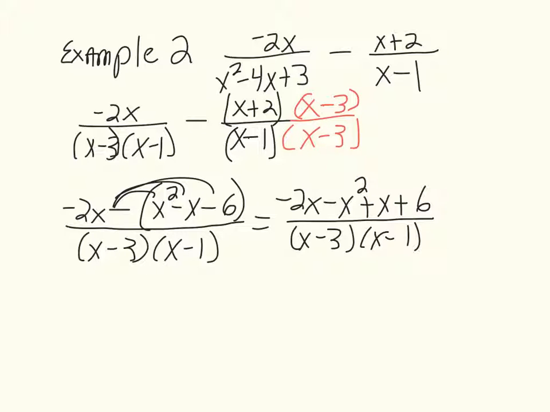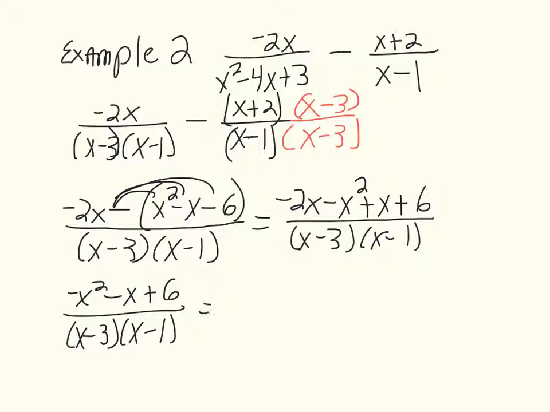Take the numerator and simplify it. I have a negative x squared minus x plus 6, all over x minus 3 times x minus 1.